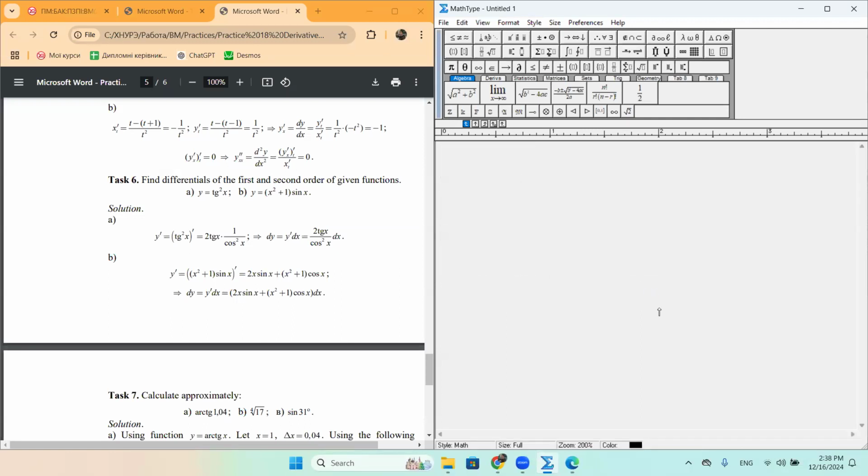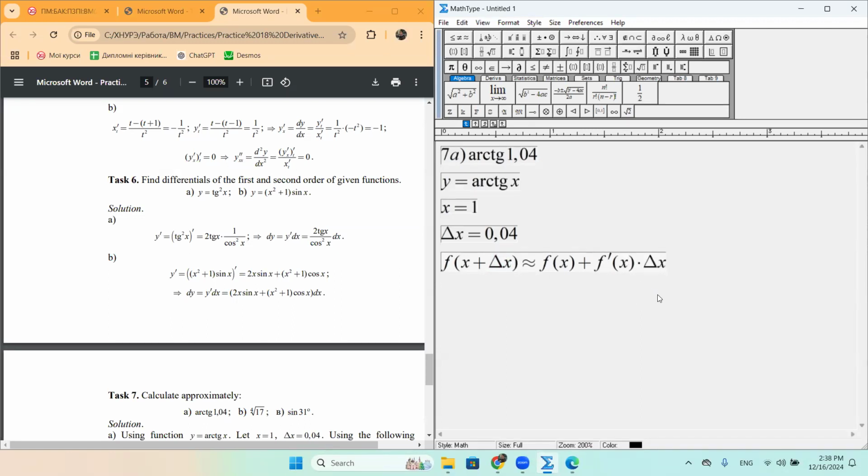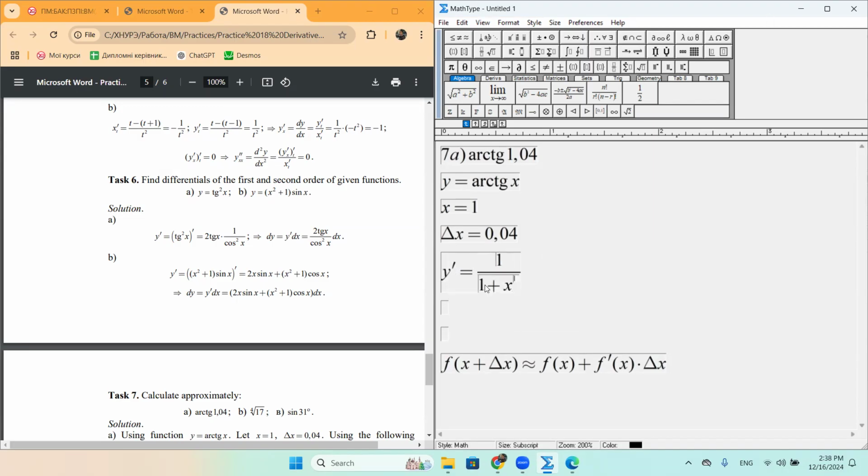So this formula will be used. It will be useful for us, so let's not erase it for now. So arctangent of 1. First of all, let's differentiate arctangent. Basically, it equals 1 divided by 1 plus x in power of 2. So this is the derivative of arctangent.